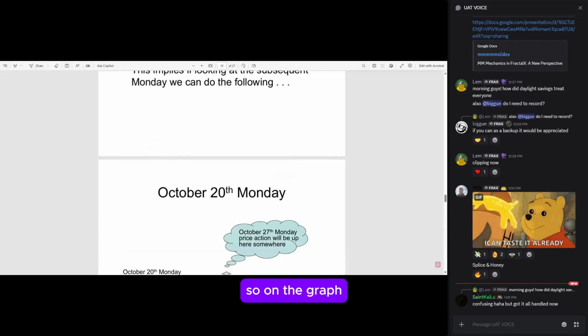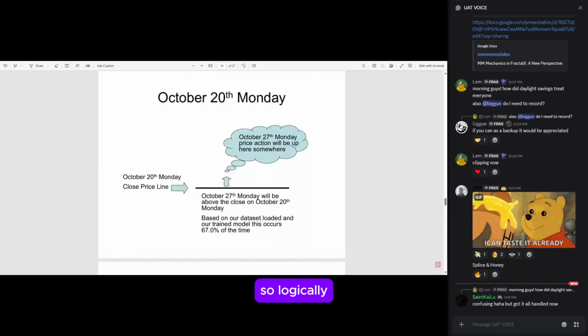So on the graph, logically, when we take this to a trading graph, let's say TOS or TradingView or whatever, you can draw a line on October 20th, Monday close price. That means if the 67%, approaching 70, almost 7 out of 10 trades work, anything beneath that line is a buy.